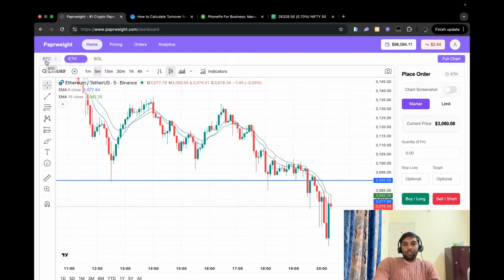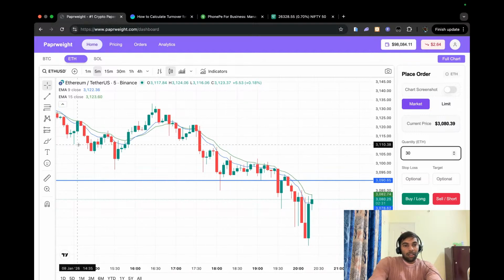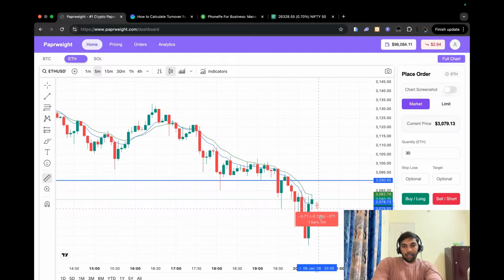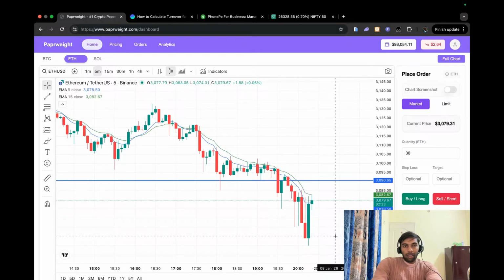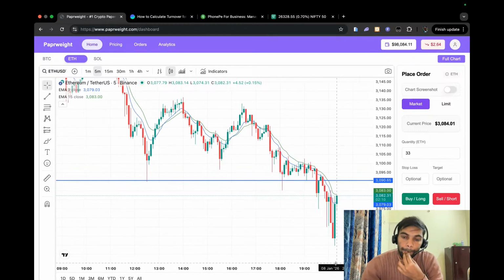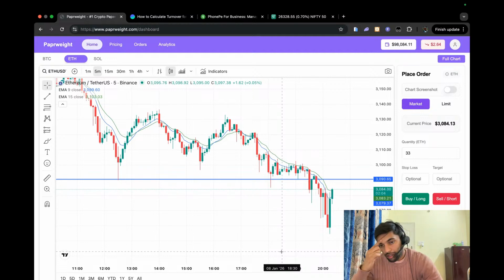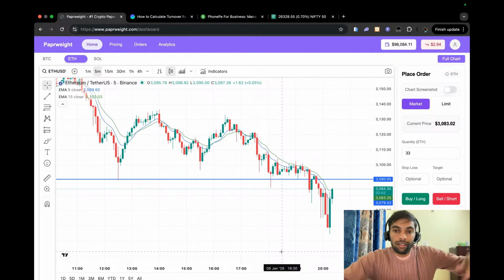Okay, guys, so beautiful chart in the Ethereum. So Ethereum is literally, guys, literally saying, please sell me. Ethereum is literally crying for selling.